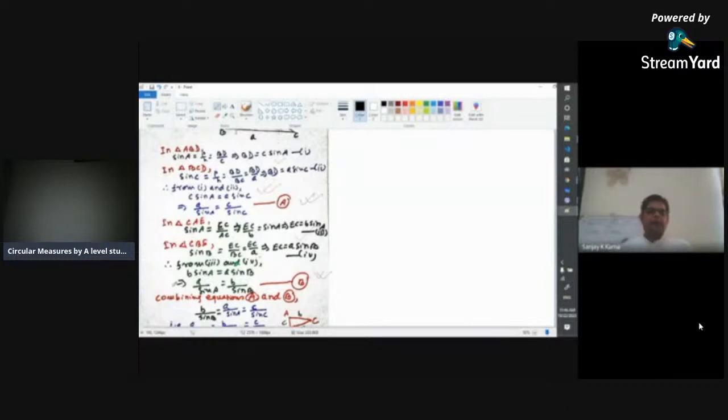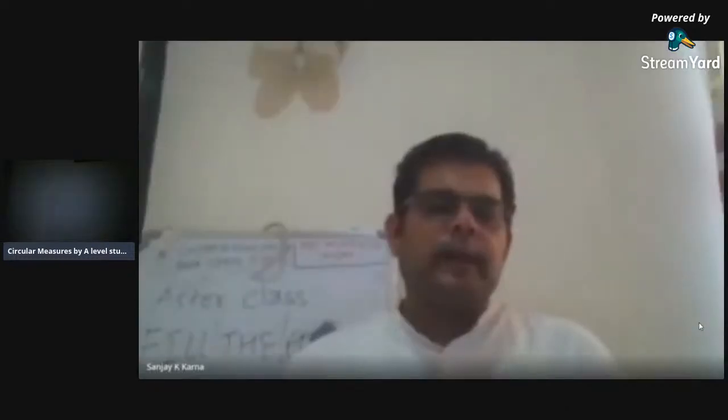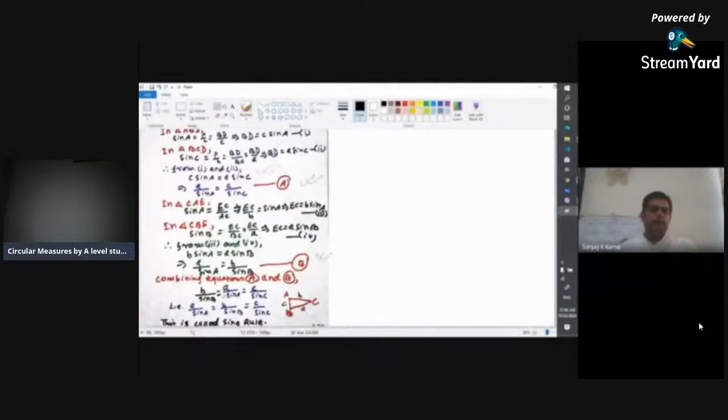Therefore, we can write in an arranged way: a by sine A equals b by sine B equals c by sine C. This sort of relationship between the sines of the angles and their opposite sides is called the sine rule. This is going to be used widely and frequently in your problems.